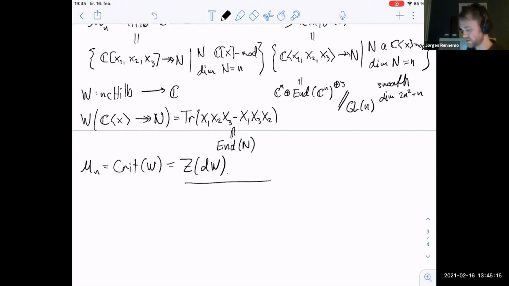And here, this extremely nice situation does happen. Mn is cut out by a global section. So Mn is cut out by a section of a vector bundle on this smooth ambient space. I mean, it's cut out by a section of the cotangent bundle on the ambient space. So we can actually do this.